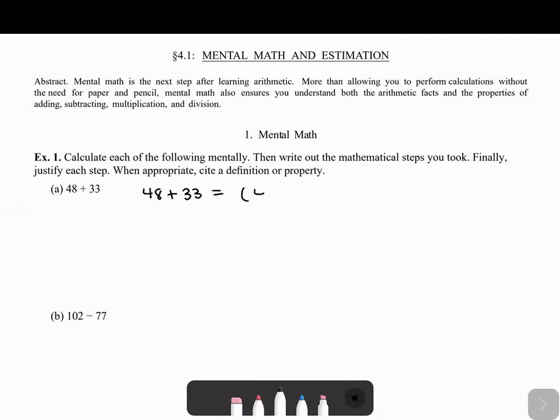So to get 50, we would need to add 2 to 48. But then in order to compensate for adding that 2, we would have to subtract 2 from 33.